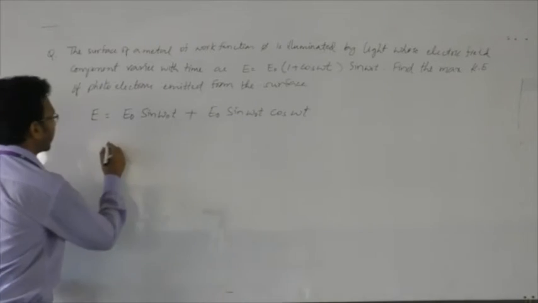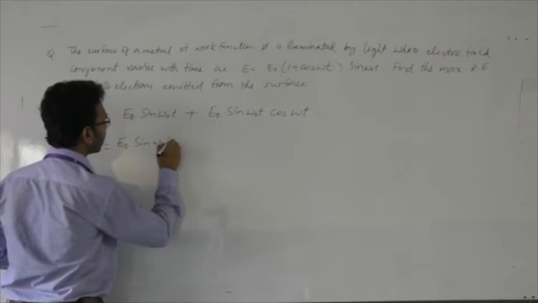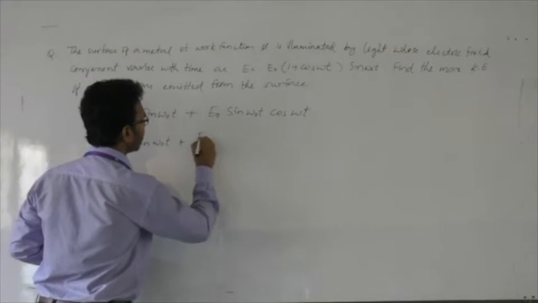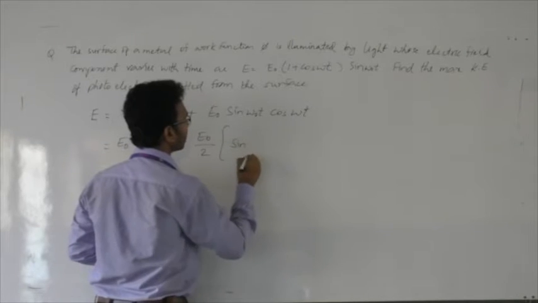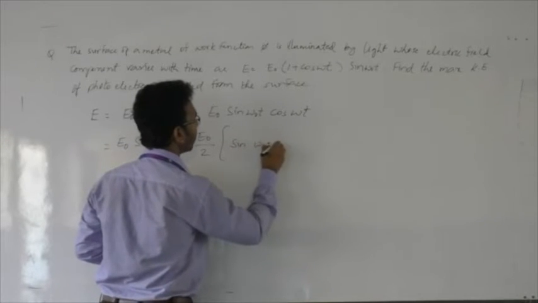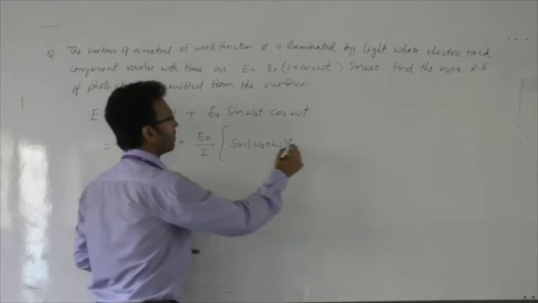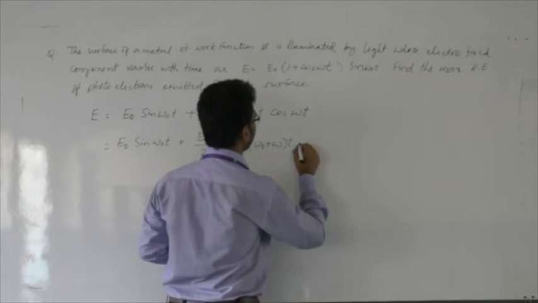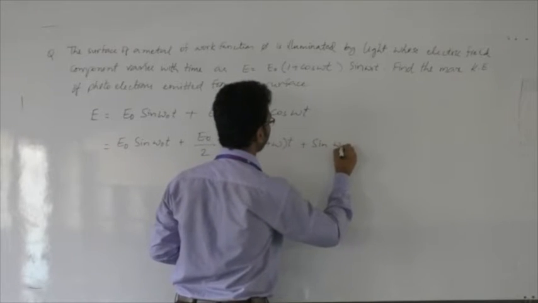I can still expand this. So E naught sin omega naught t plus E naught by 2 sin (omega naught plus omega) t plus sin (omega naught minus omega) t.